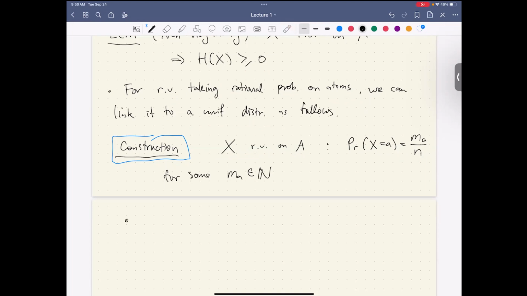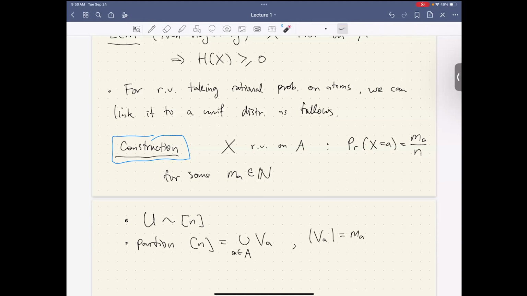Let's take a random variable U, uniformly distributed over a set of size N, the same as this denominator. Now we partition N into parts V_a, where each part has size M_a.